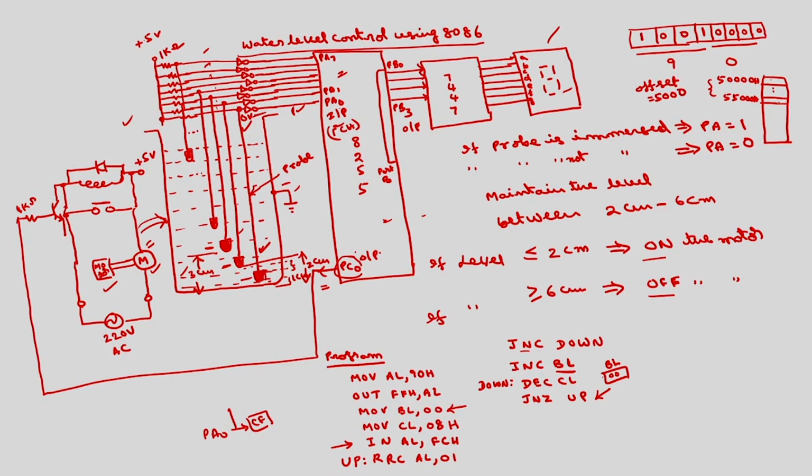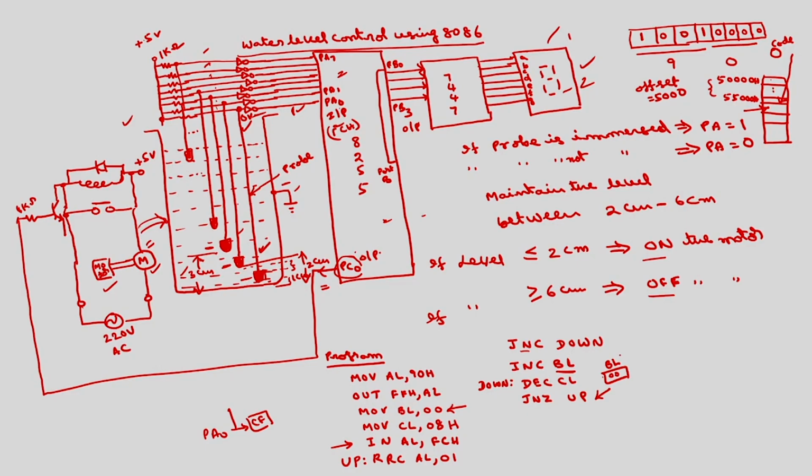I will store here a code corresponding to display 0 on this 7 segment display. In 55001, I will store a code corresponding to the value which displays 1 on the 7 segment display. In the next location 55002, a code corresponding to 2 display on the 7 segment display, and so on.